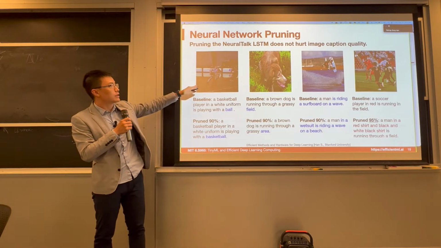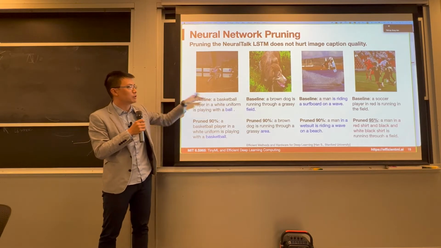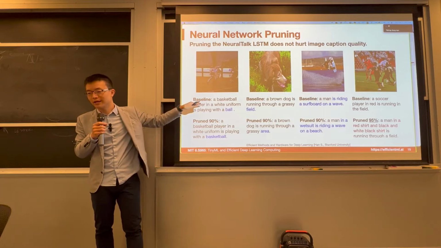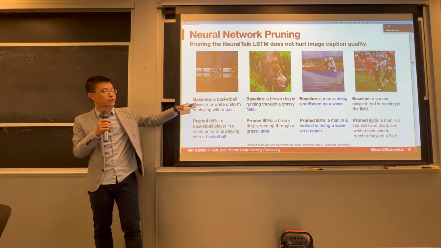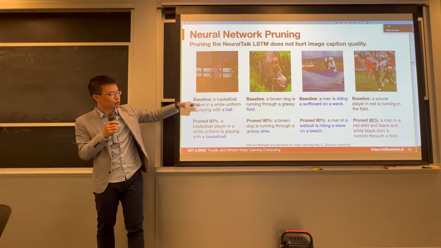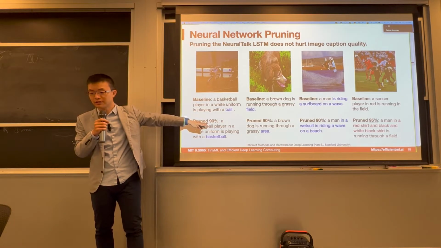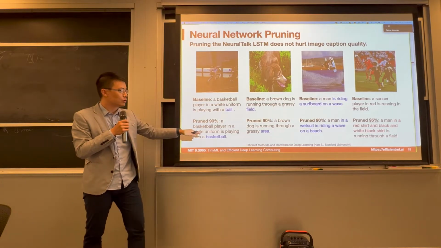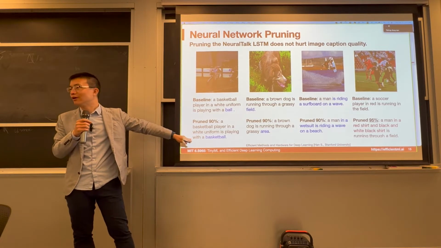So given this image, the baseline model, the full neural network, makes a prediction saying a basketball player in a white uniform is playing with a ball. It's pretty accurate. And after pruning 90% of the parameters, it says a basketball player in a white uniform is playing with a basketball.